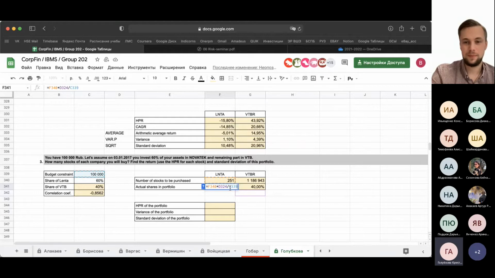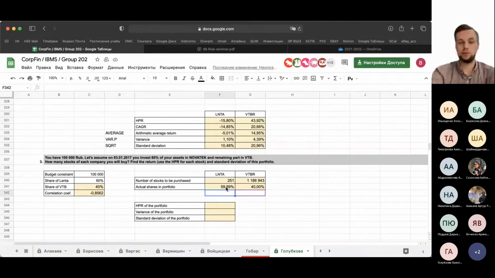Oh yeah, so we need to change this budget constraint and then divide what we have calculated before by the new number. We know how much we invested in Lenta and how much we invested in VTB, right? So we can just sum up these two values and get the actual investment in the portfolio.